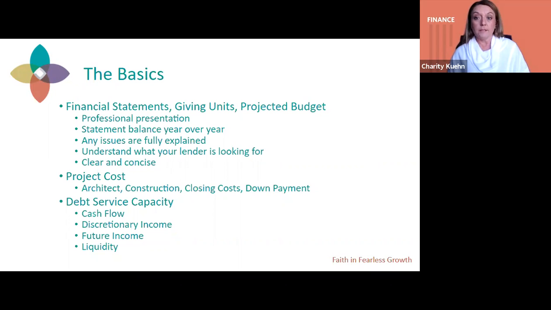Maybe we didn't track depreciation over the years, they're company prepared. So what I do is help you get your financial statements organized in a professional manner. And whether it's me or it's someone in your church, you need to have professional looking financial statements if you're going to ask a bank to give you money. So very, very important.